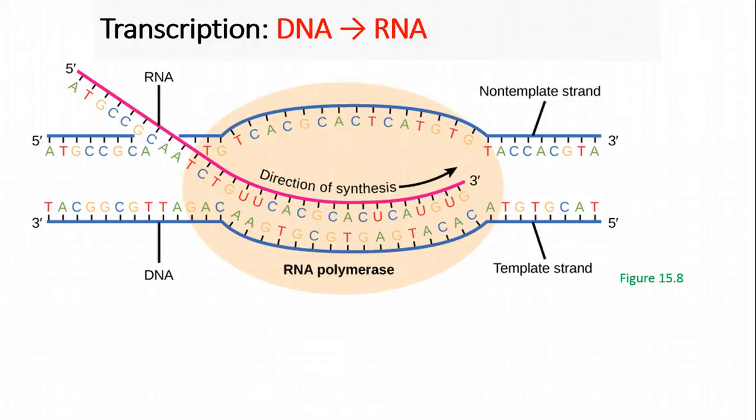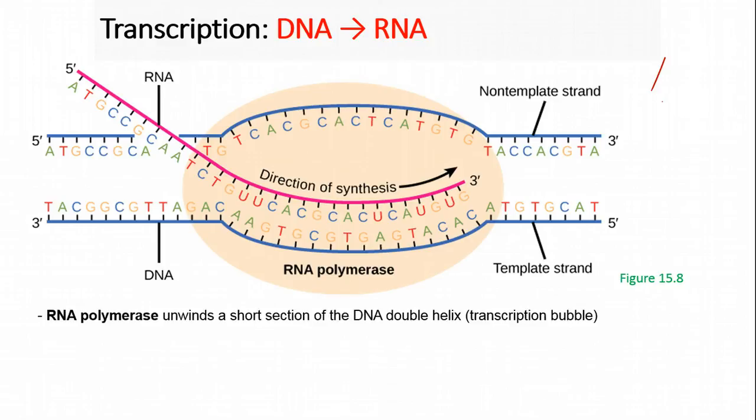So here's that first big idea we were talking about, which is transcription, going from DNA to RNA. And that starts by unwinding our DNA double helix, much in the way that we unwound the double helix for replication, except instead of DNA polymerase, we have an enzyme called RNA polymerase.